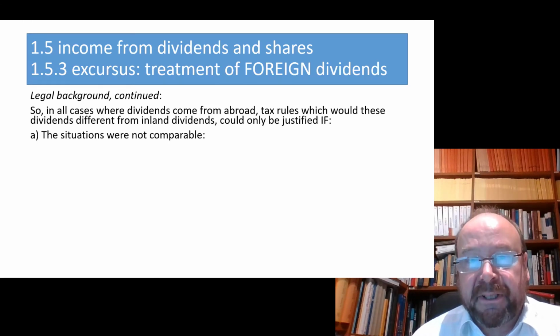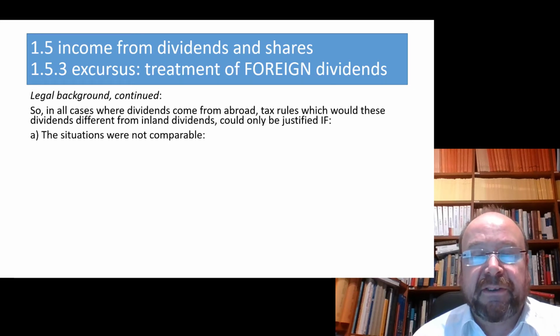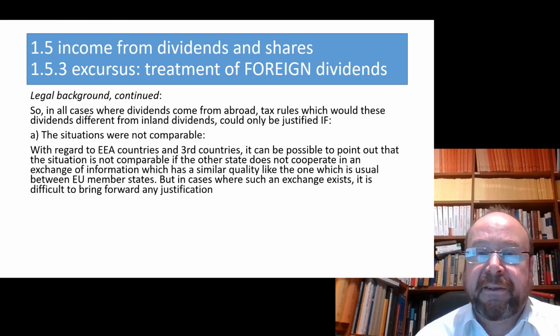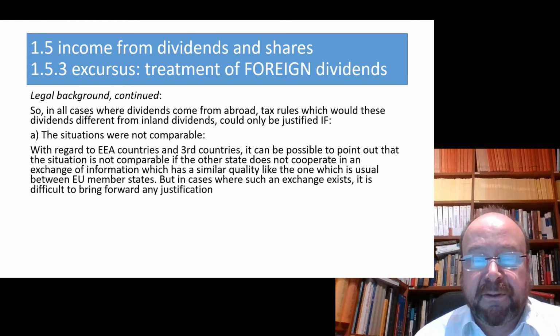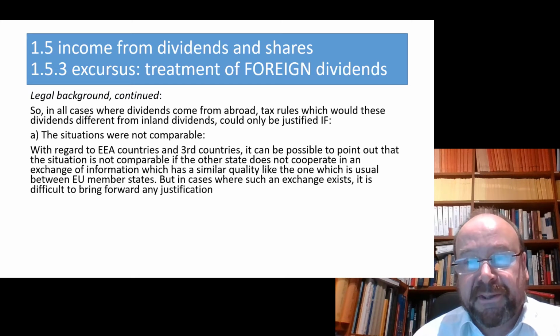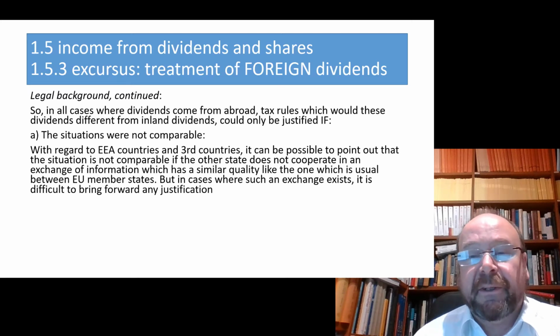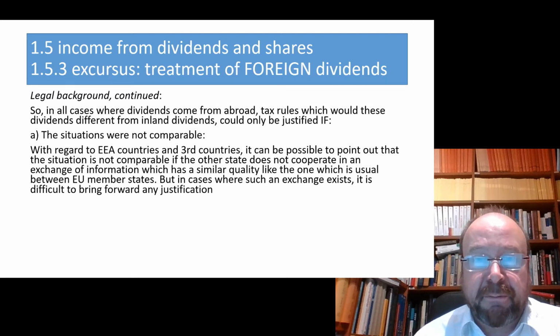And naturally, discrimination is only given if things in a comparable situation are treated differently. So you could talk yourself out of the problem if you could show that the situation in both cases is not comparable. There, the European Court of Justice has sometimes accepted the argument that if a foreign state does not take part in an exchange of information with the fiscal office of your state, then the situation is not fully comparable with regard to what matters for taxation.